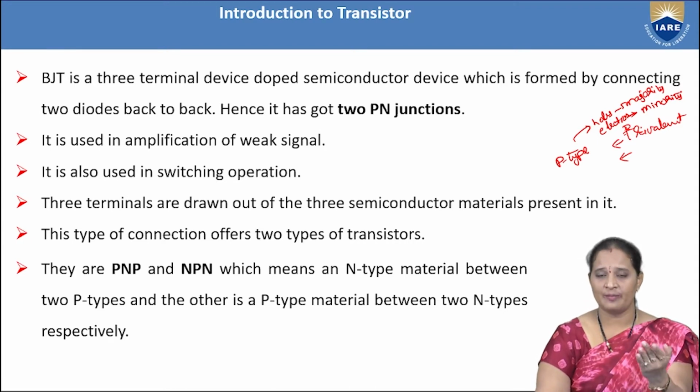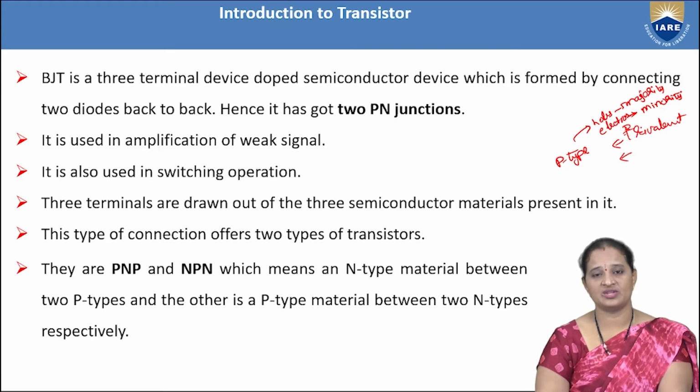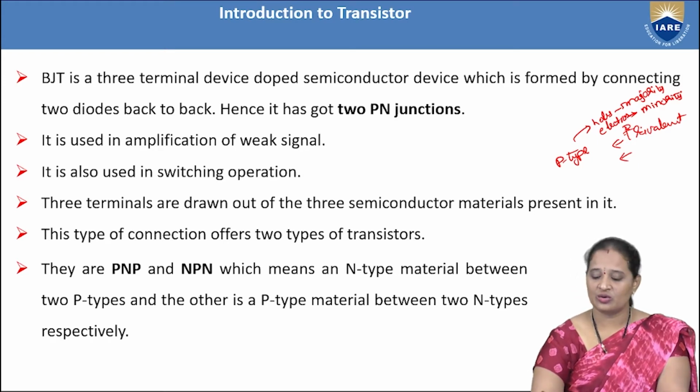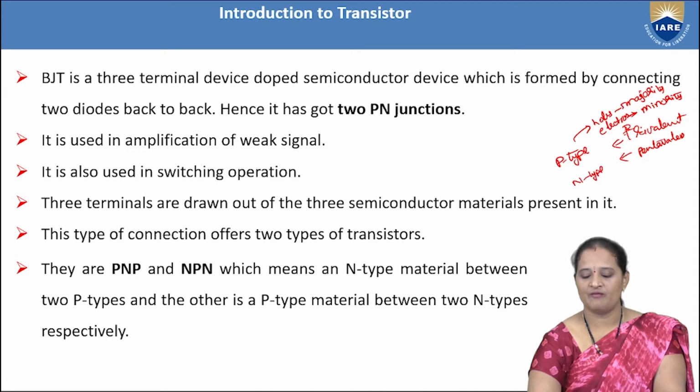So in a P-type semiconducting material, electrons are present in less number, whereas holes are present in more number. And if we add pentavalent impurities, we get N-type semiconducting material, where electrons are the majority charge carriers and holes are the minority charge carriers.